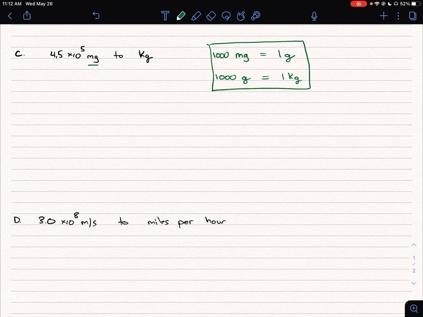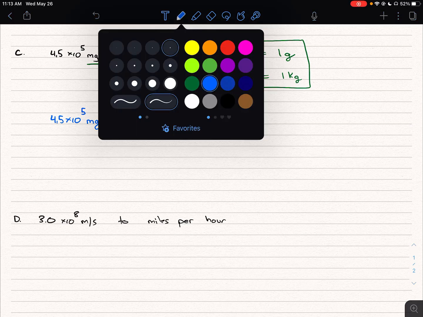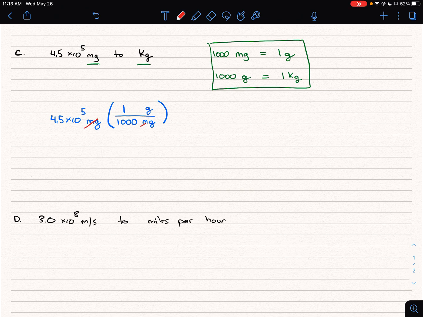And again, we want to go from milligrams to kilograms. So I'm going to start with the number that's given, 4.5 times 10 to the 5th milligrams. And the first thing I'm going to do is multiply this and convert milligrams to grams. So I'm going to put milligrams on the bottom, grams on the top. We have 1 gram per 1,000 milligrams. And if I stop here, milligrams go away, and our answer would be in grams.